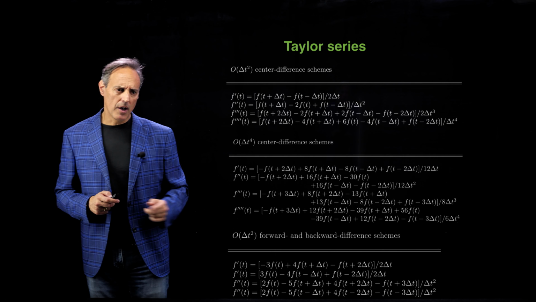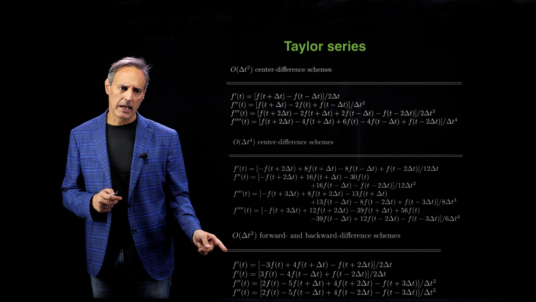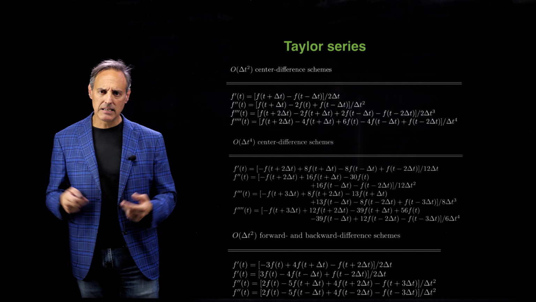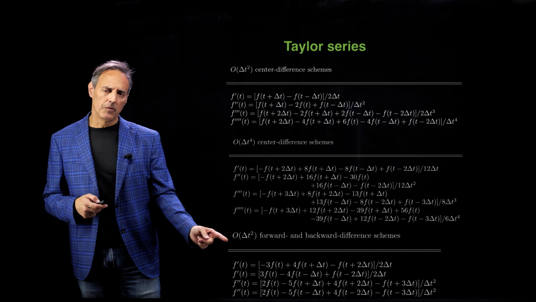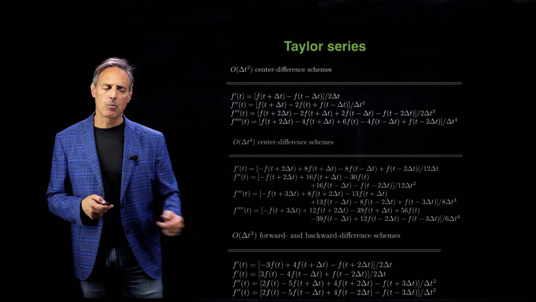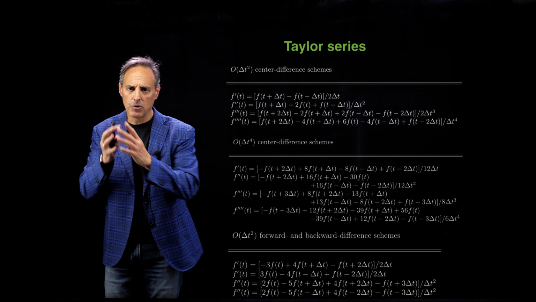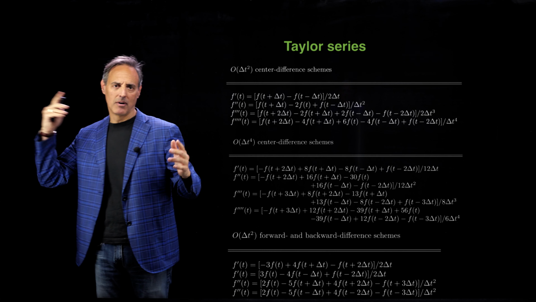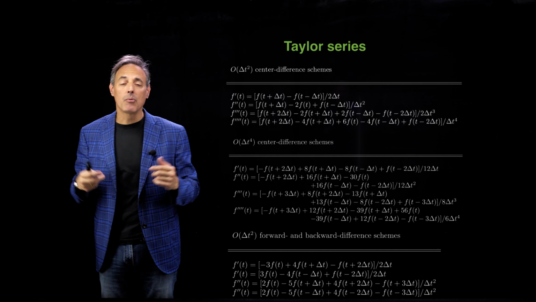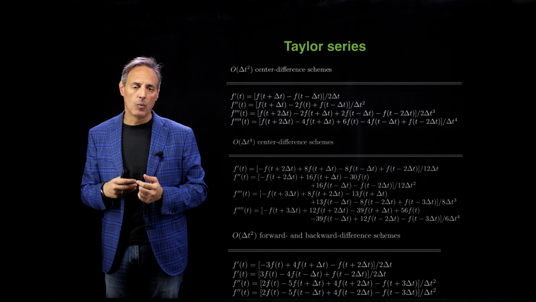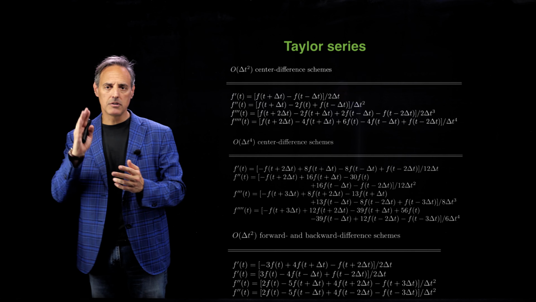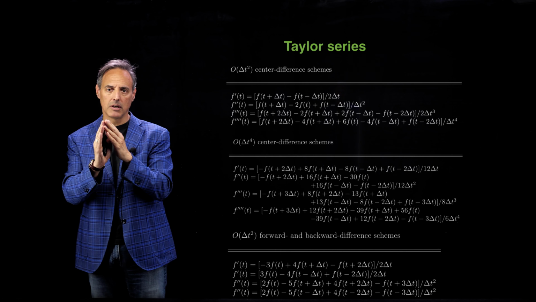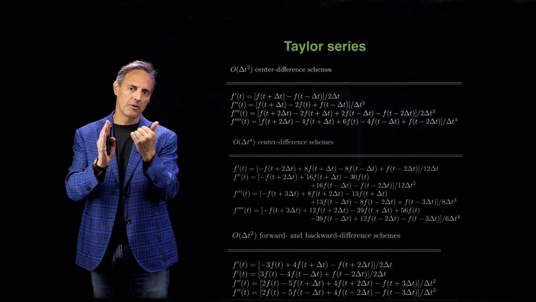By the way, there's one other set on the table, and this set of tables is really important to have handy. These are called forward and backward difference formulas. Suppose on an interval I'm on the end, and I have no neighbor on my left. How do I compute a derivative? Well, you can still use Taylor series expansions, but instead of using your neighbors left and right, as in center differencing, you use two neighbors on the right.